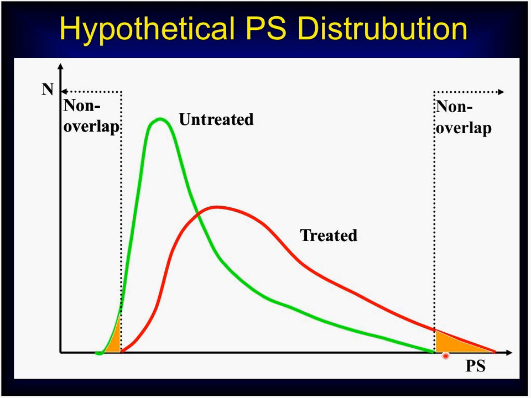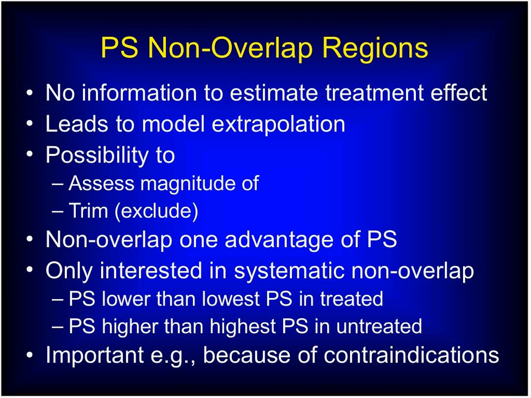Therefore, we would like to exclude these people because they do not contribute information to estimate the treatment effect, and they actually pull the model because of extrapolation. So this is the trim of the non-overlap region, purely hypothetical here. As I said, the non-overlap regions do not contain any information to estimate the treatment effect. And not excluding these people leads to model extrapolation.